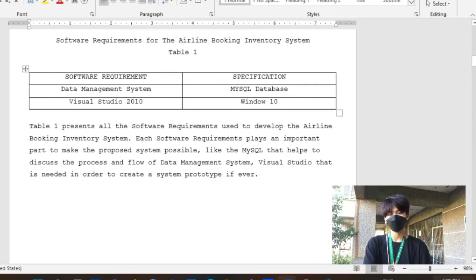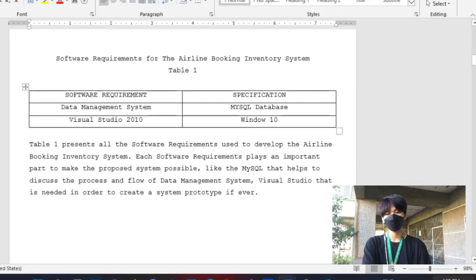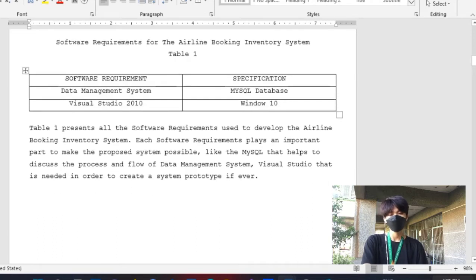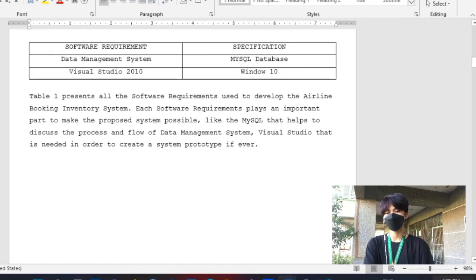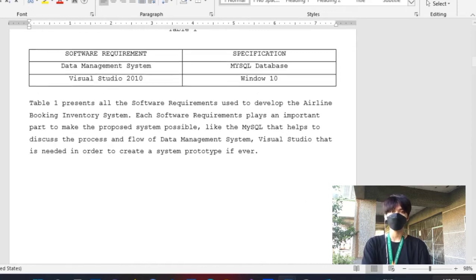In this table, the software requirements are the data management system and Visual Studio 2010, and its specification is the MySQL database and Windows 10. Table 1 presents all the software requirements used to develop the airline booking system.